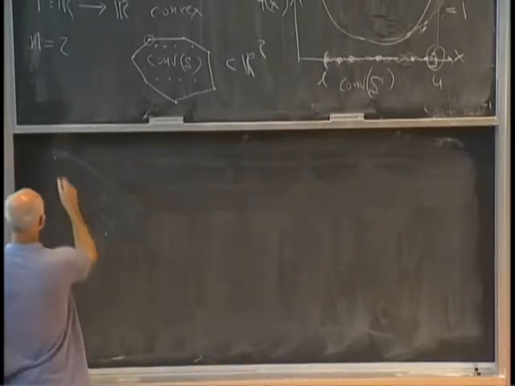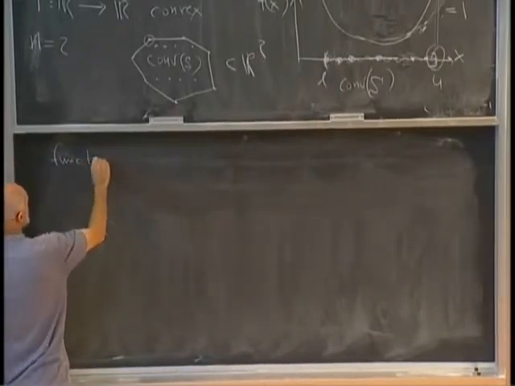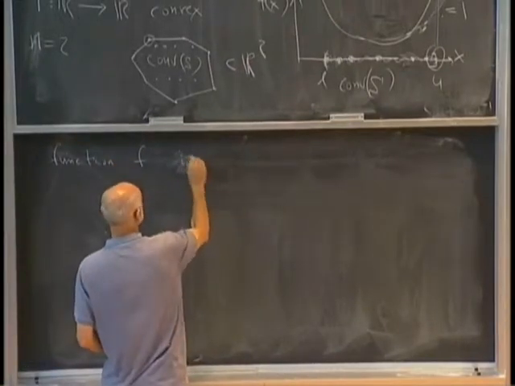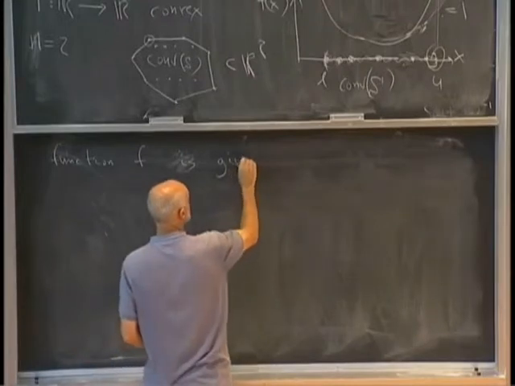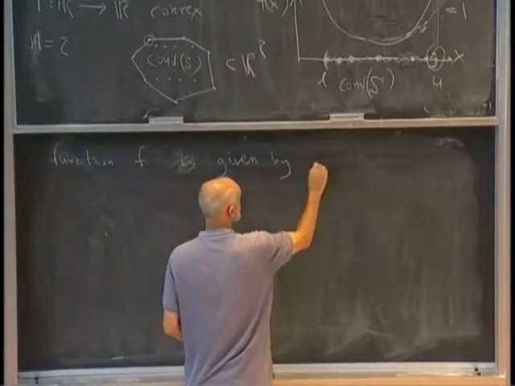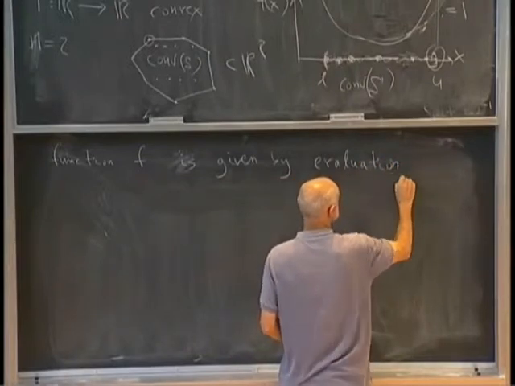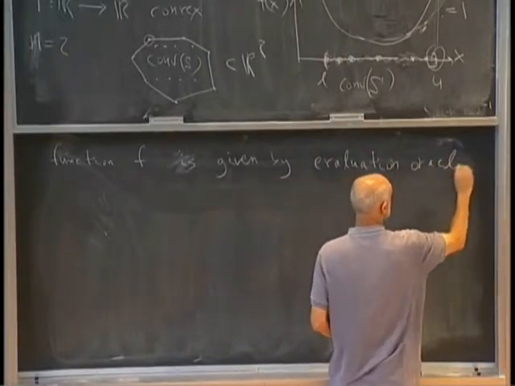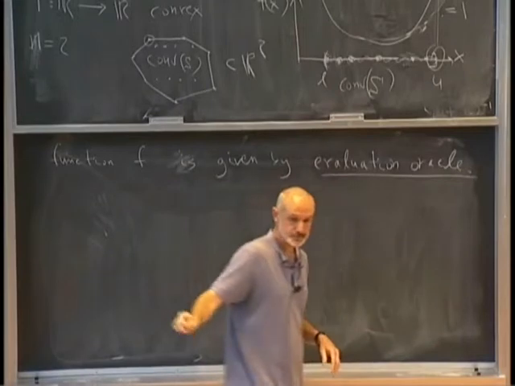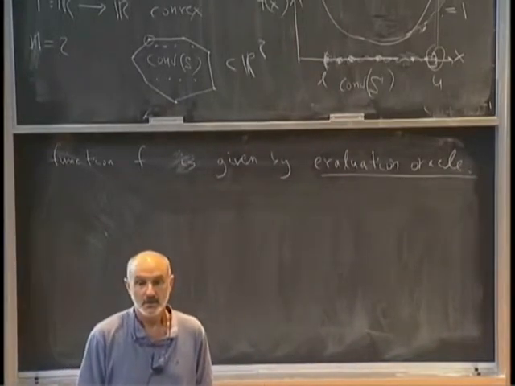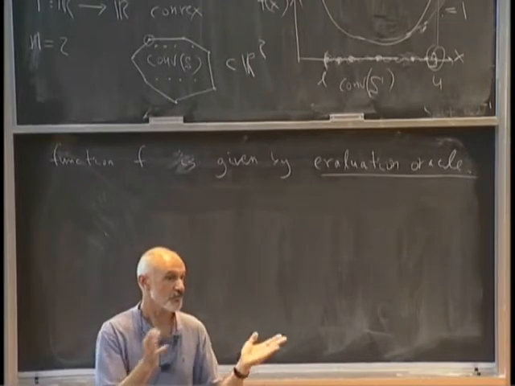So I want the function f. The function f is given by an evaluation oracle. Do you remember what an evaluation oracle is? You give it a vector, and it tells you the value of the function.